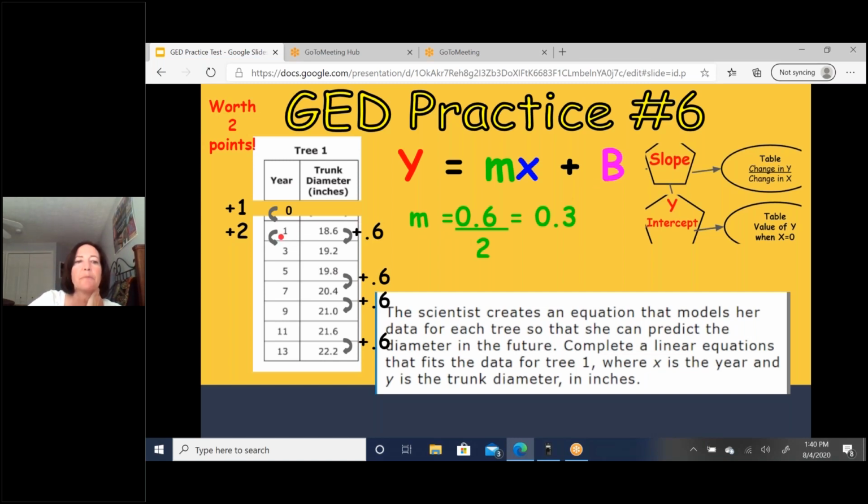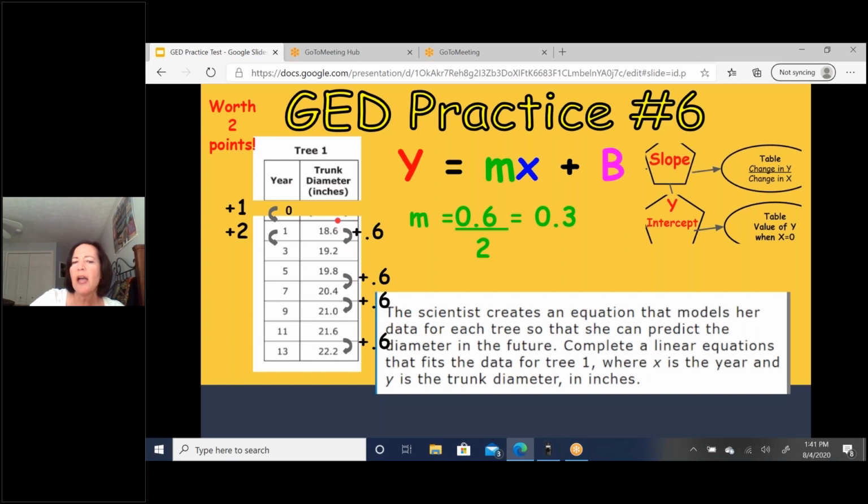Okay, every time x is getting 2 bigger, except for when we go from 0 to 1, we didn't get 2 bigger. We only got 1 bigger. Okay, so we're going to have a similar pattern on the right side with our y's. Every time, our y values got 0.6 bigger.